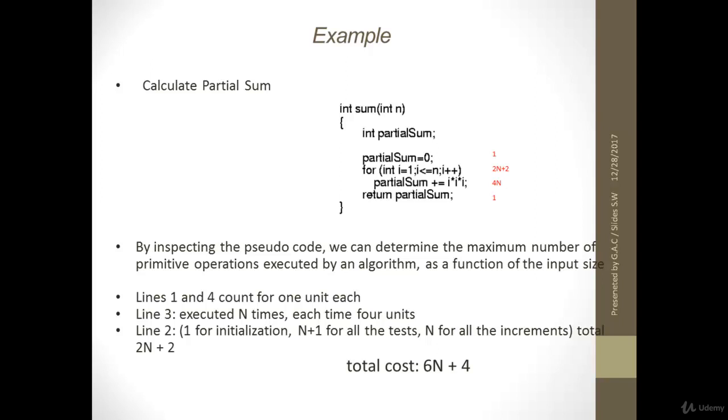So we have 4 lines here. Line 1: partialSum equals 0. Line 2: the for loop. Line 3: partialSum plus equals i times i times i. And line 4: the return statement.